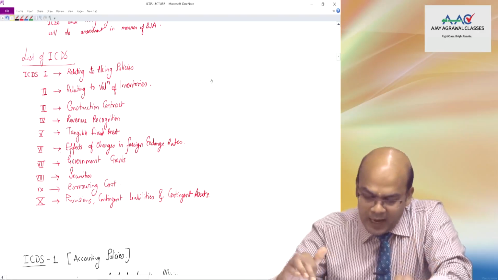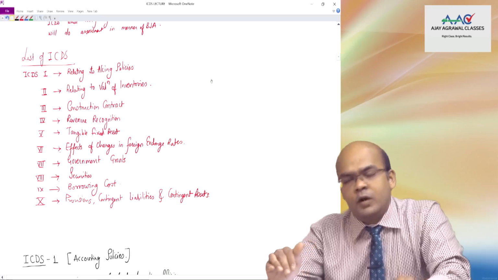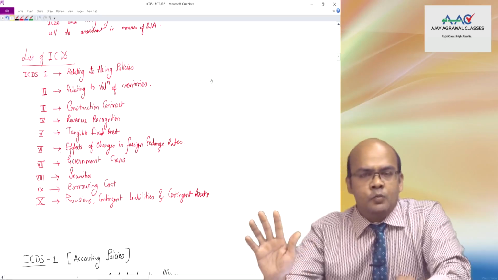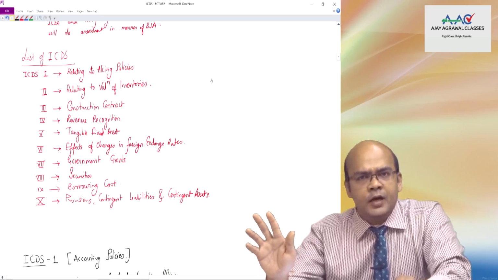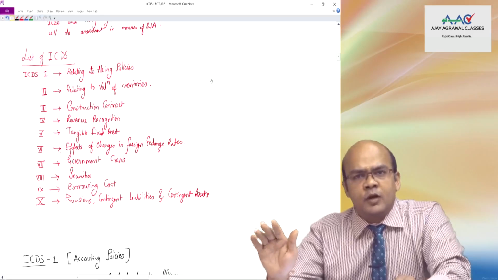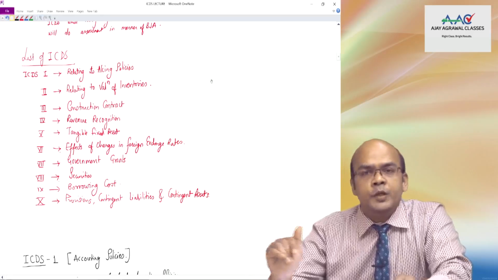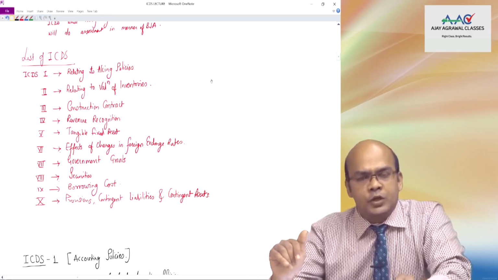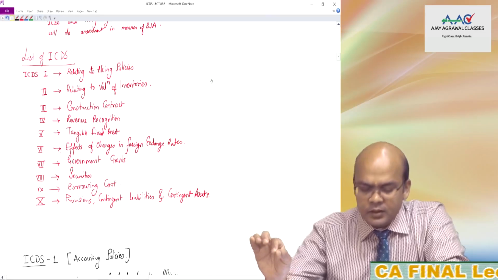Now come to the ICDS 6 is related with effects of changes in foreign exchange rate. You borrowed the loan outside India or you have acquired the asset on credit outside India. If the rate of exchange changes, your liability increases or decreases, what should be the value, what should be the treatment of that increase in cost, that is given in ICDS 6.